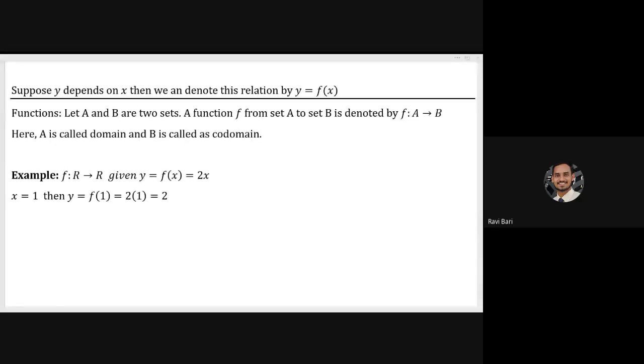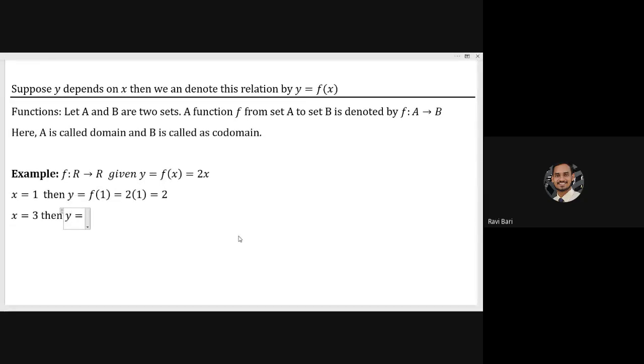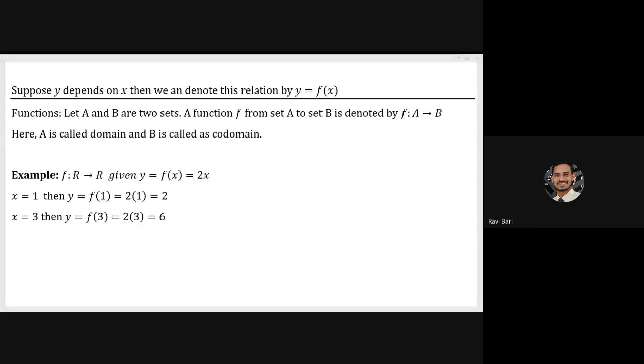So here, as x is changing, y is also changing. Now, if you will take x is equal to 3, then what is the value of y? Can you tell me? Very good, wonderful.